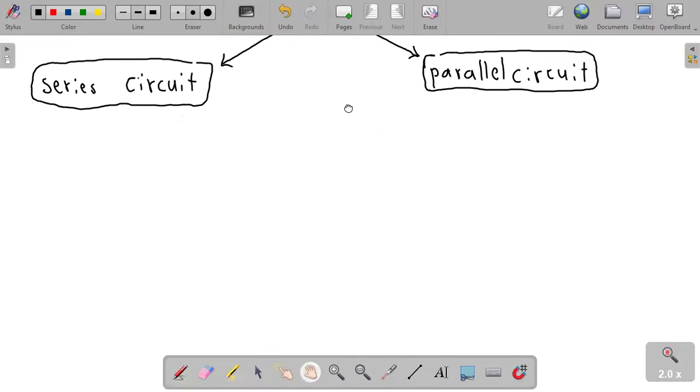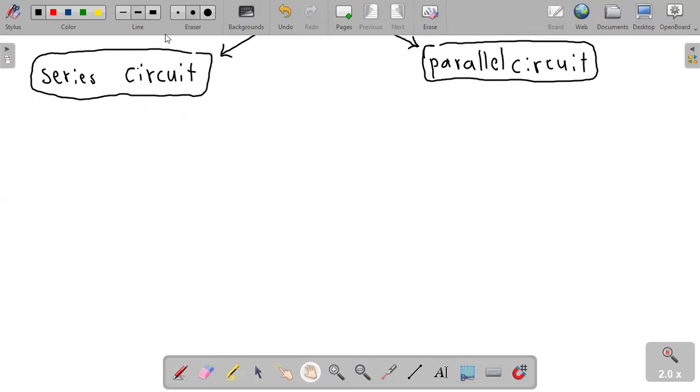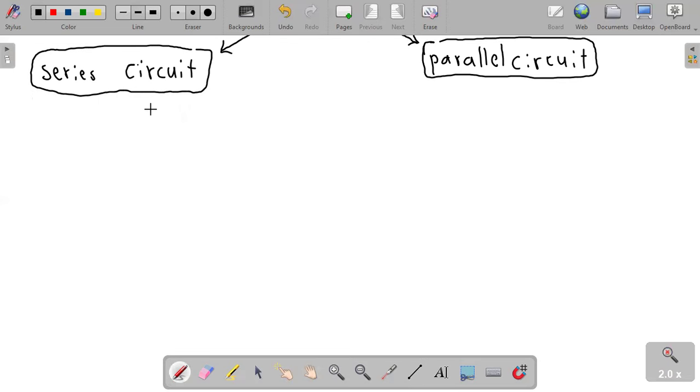We make a distinction here. Again, let's talk about pathways, the pathways of electric current.